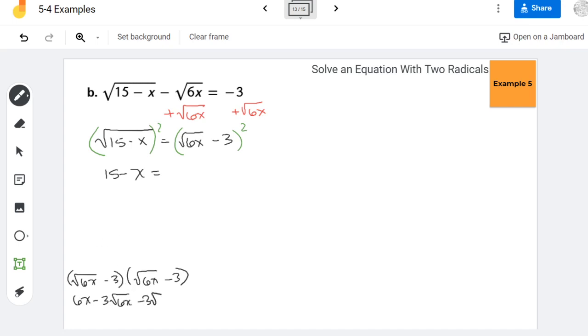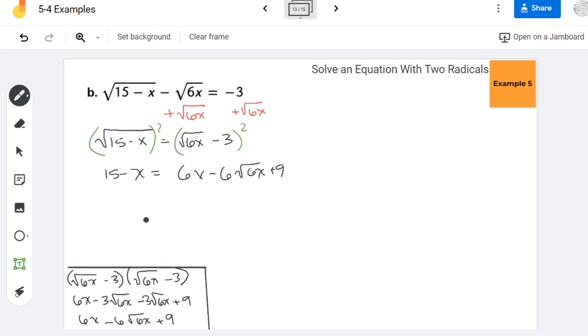Negative 3 root 6x, and negative 3 times negative 3 makes a positive 9. Okay, so in terms of this, I get 6x minus 6 root 6x plus 9. Okay, we distributed that 6x fully. You guys didn't know you were watching a comedy video, did you?